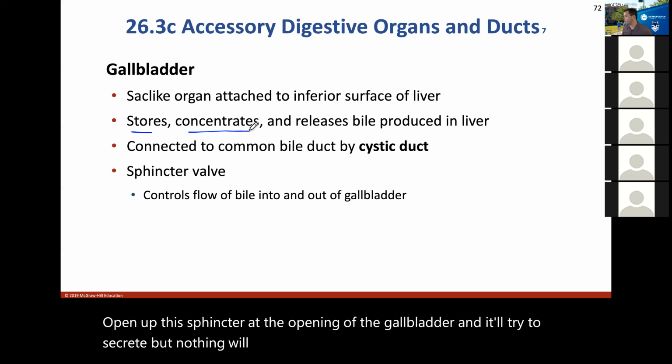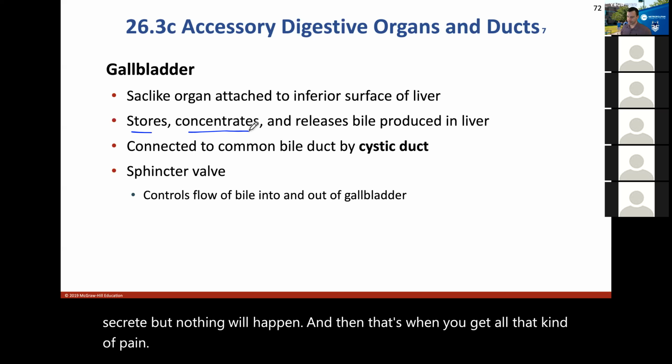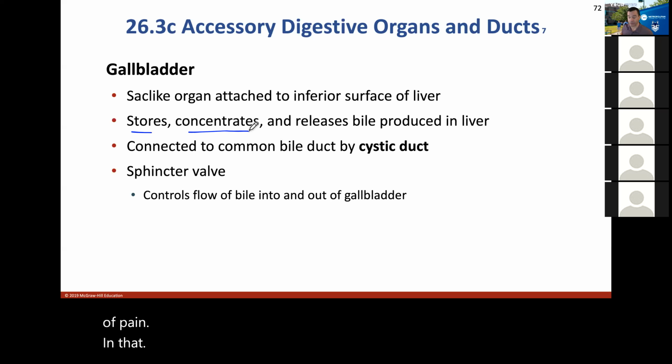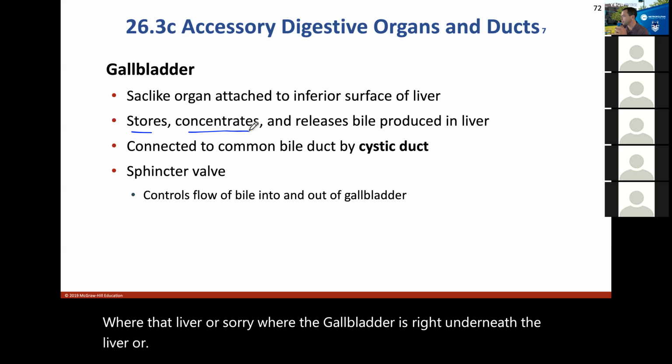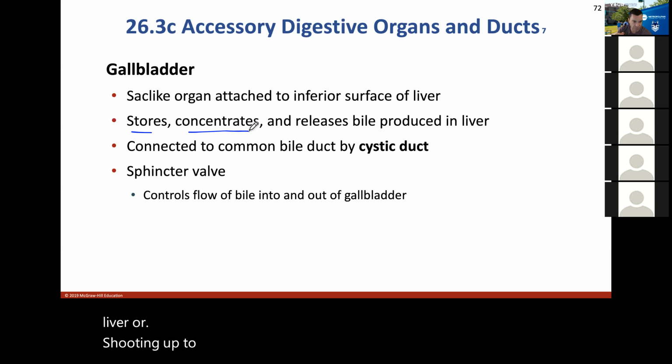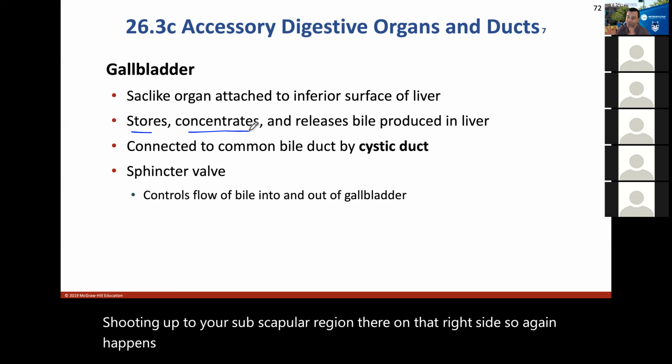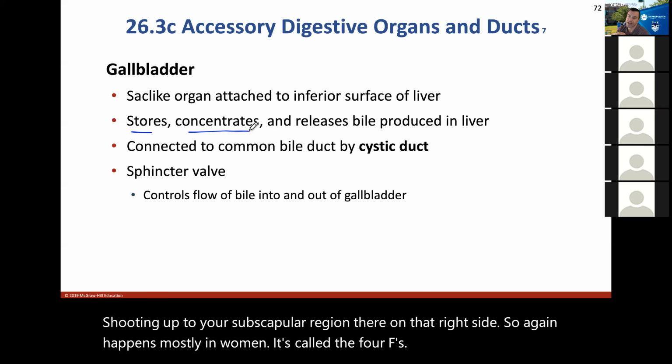And then that's when you get all that pain where the gallbladder is, right underneath the liver, or shooting up to your subscapular region on the right side. It happens mostly in women. It's called the 4Fs: fat, 40, flatulent female.